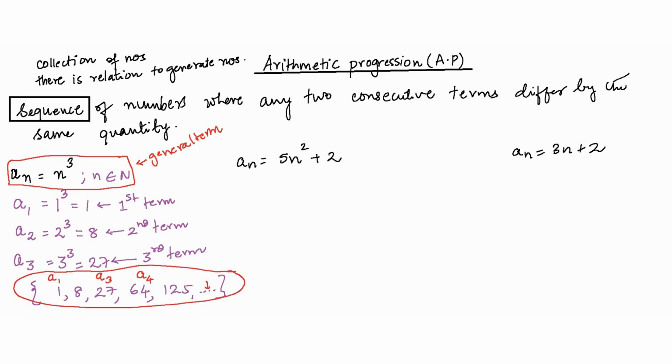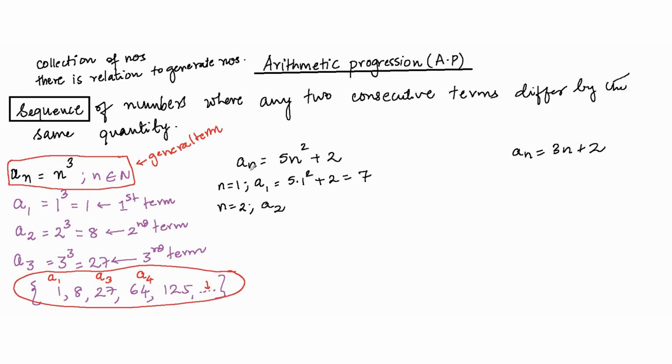Let's consider the second example now. The formula given is an is 5n square plus 2. So if I want to find the first term, I will substitute n as 1. When I substitute n as 1, I get a1 is equal to 5 into 1 square plus 2, which is equal to 7. I can substitute n as 2 and I will get my second term.